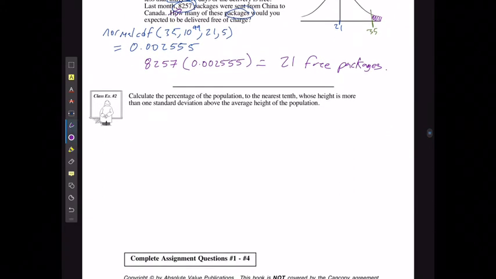For example 2, it says calculate the percentage of the population to the nearest tenth whose height is more than 1 standard deviation above the height of the population. So I'm going to draw my bell curve.